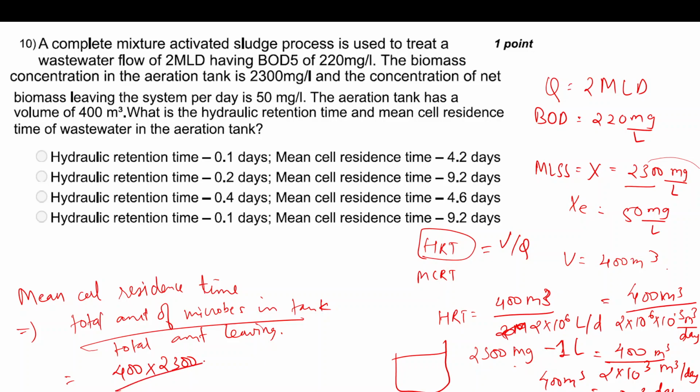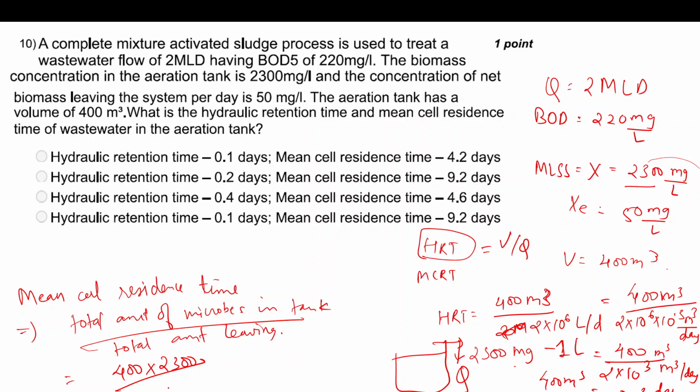This is divided by the total amount which is leaving. Leaving is in the form of continuous outlet flow, given by Q, the flow rate coming out in million liter per day. For Q million liter per day of flow, it has 50 mg per liter of biomass present in it.